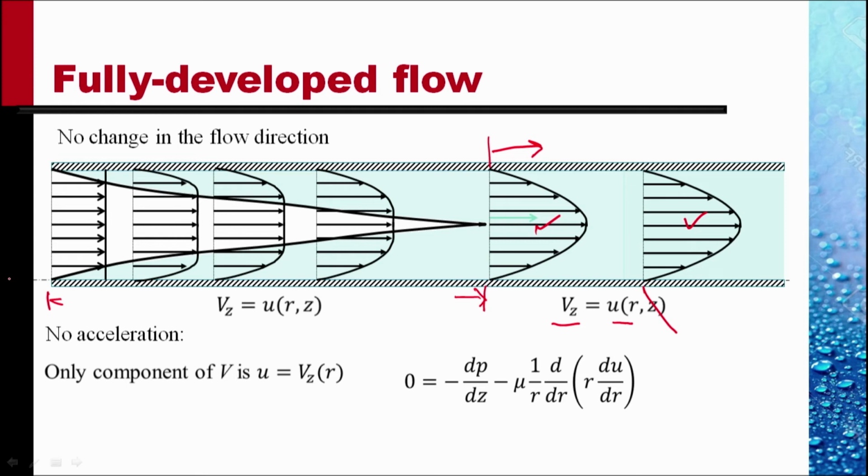And the equation of motion simply reduces to this. The left side drops out. We have assumed that the weight, the body force, does not play a part, so the pressure forces balance the viscous forces. We'll solve this equation shortly.